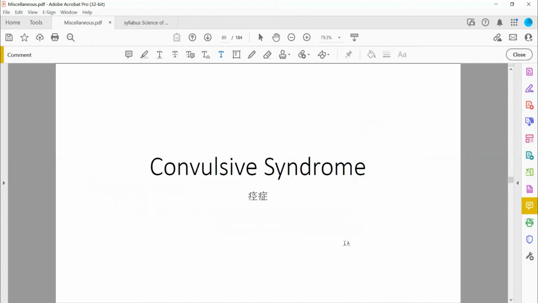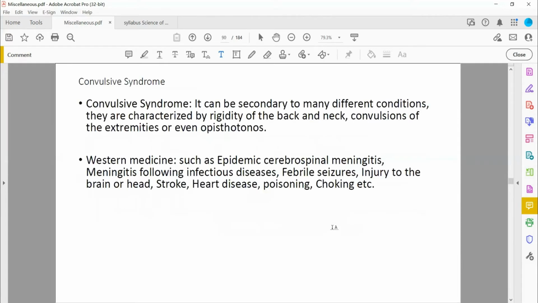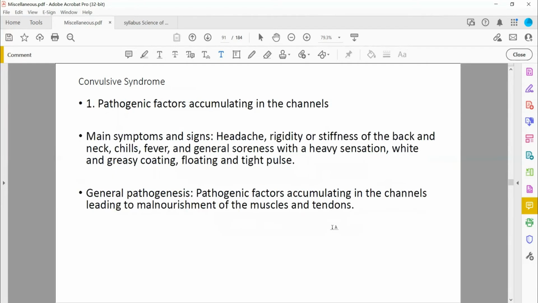Then we talk about the convulsive syndrome. If there's convulsive, there's wind, right? In liver wind, we use some points for the wind. Pathogenic factor communicating the channels.